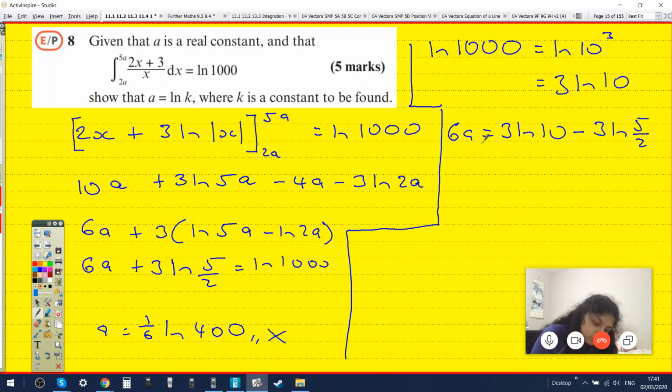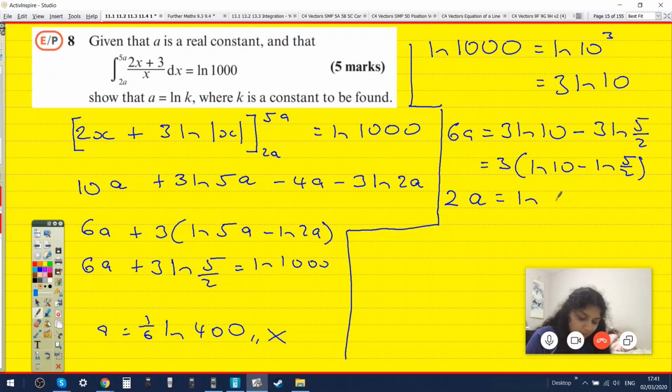That's really smart. Thank you. So then 2a is equal to ln 4. So a is equal to half ln 4. That's it.